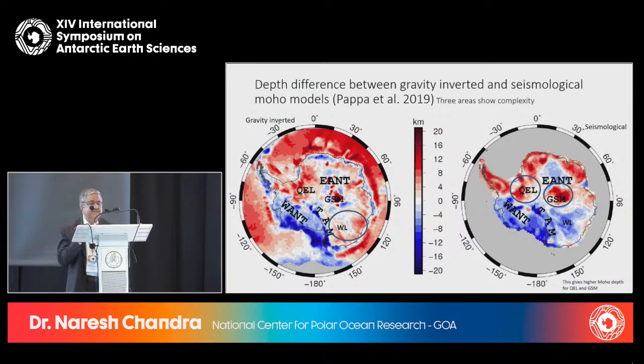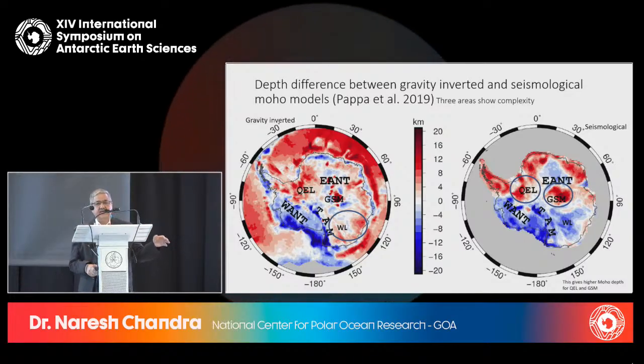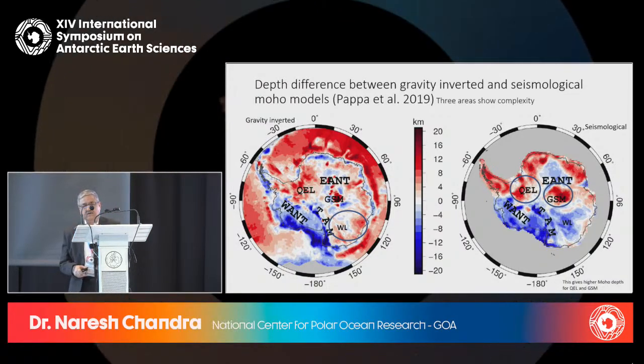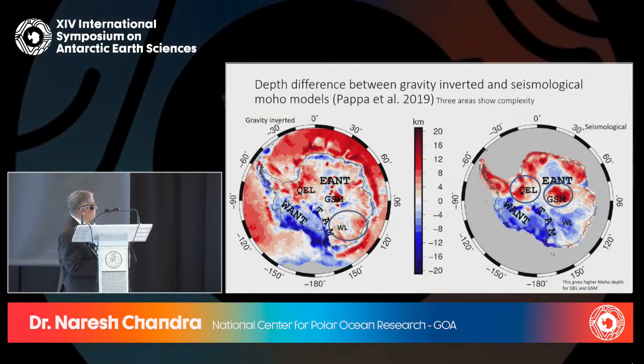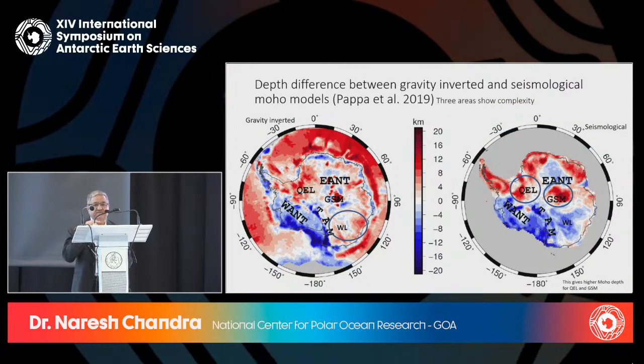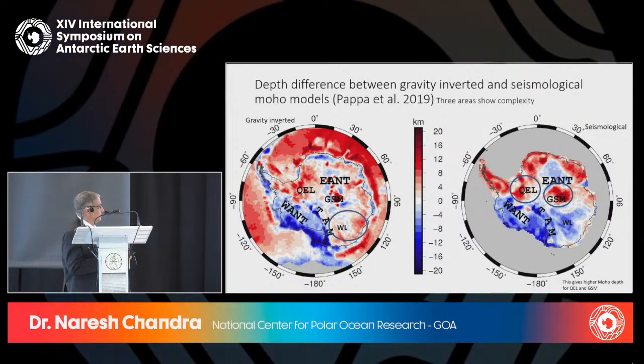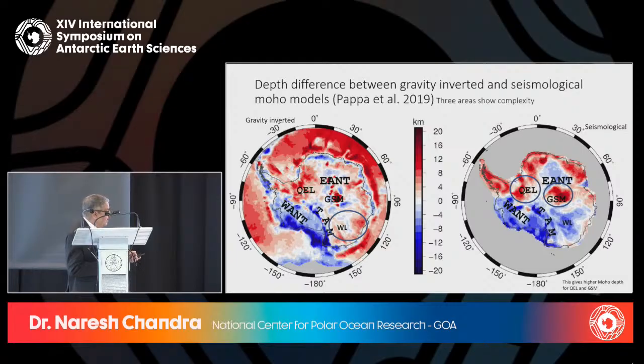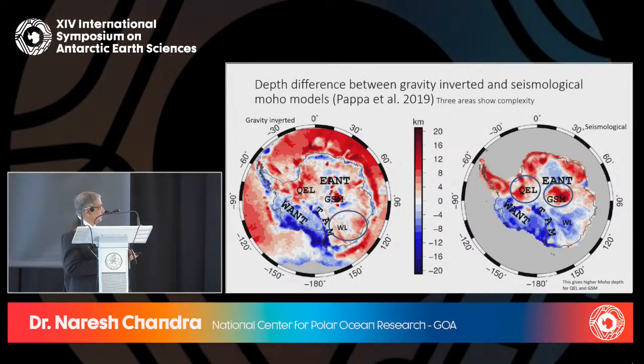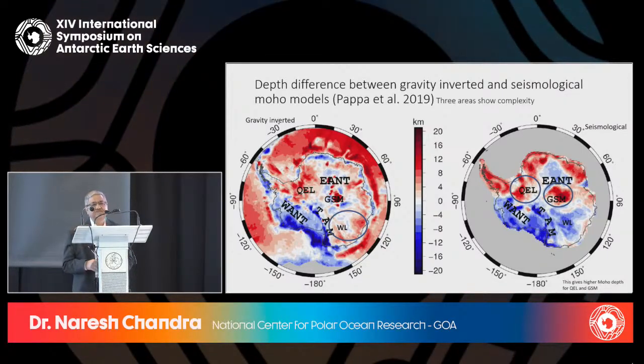There are differences between what we interpret from one kind of indirect data and another. So there are gaps, variations, or differences between different kinds of geophysical data. However, I would also like you to remember this GSM. I will discuss it a little bit later.